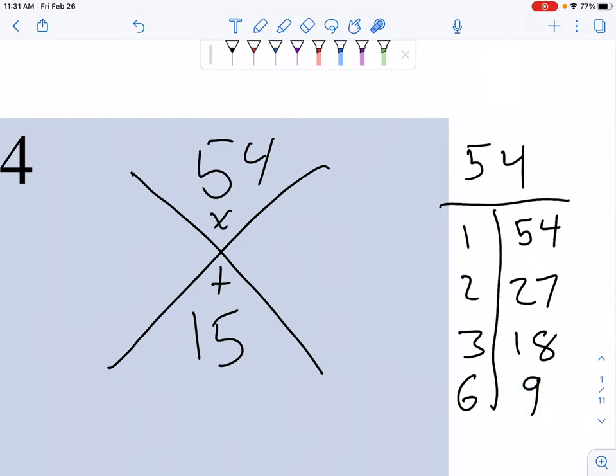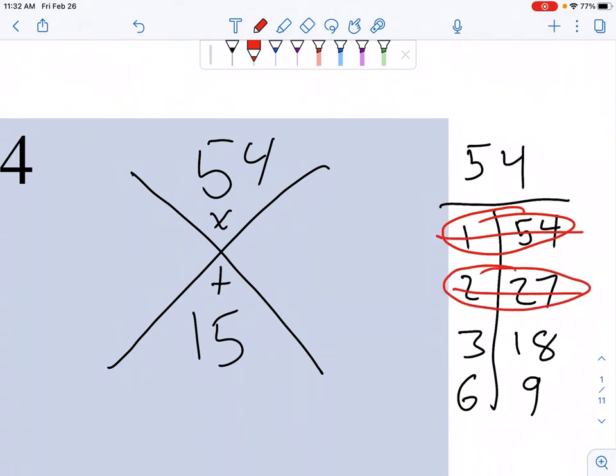So we've listed all of the factors of 54. And now we're going to see which ones could make 15. And if you're good with your factors or your multiplying numbers, you may not need to write these out. So those aren't going to get us close to 15. These aren't going to get us close to 15.